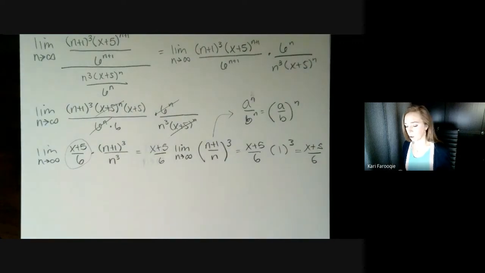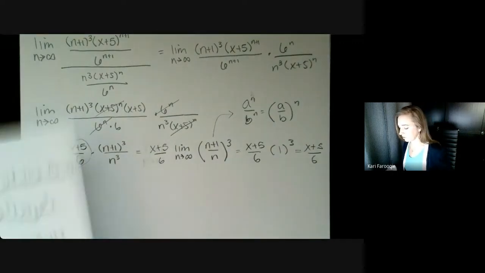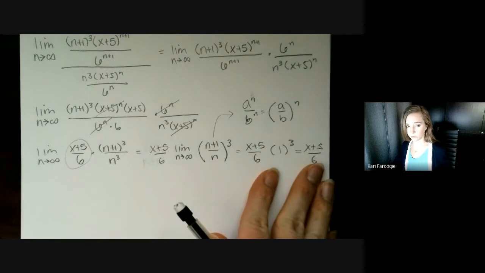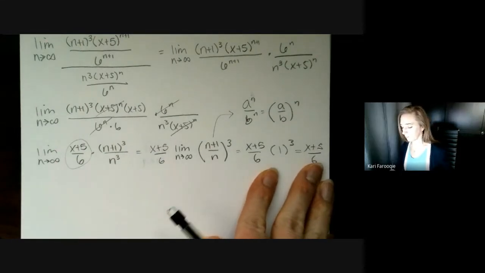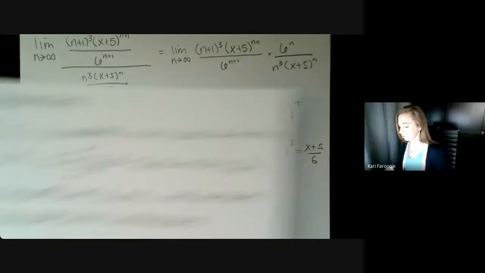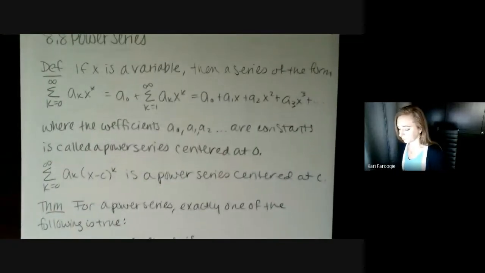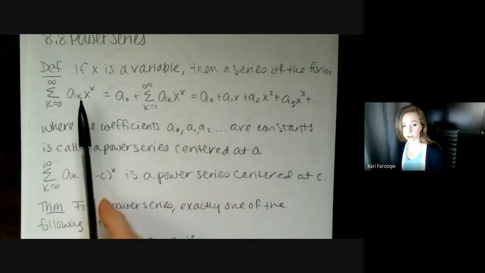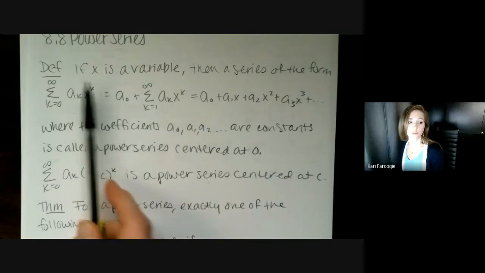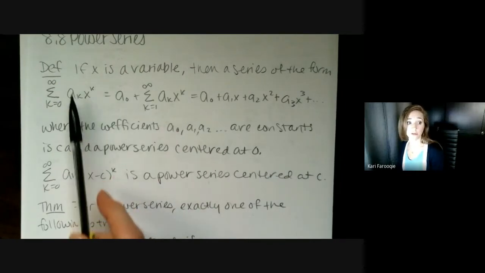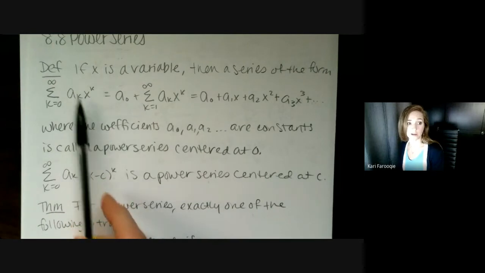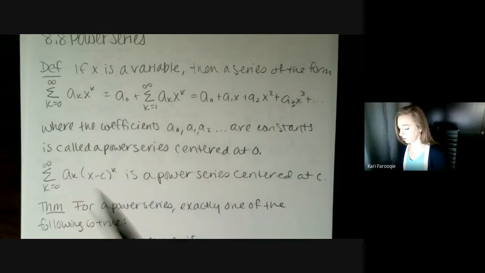Okay. I want to remind you, by the way, because I want to finish this one off. We have a little bit more to go on this, but I want to bring you back to the definition for the power series. When you are looking at the power series, you should be thinking that to you, this looks very much like what you would expect to see with the geometric series.